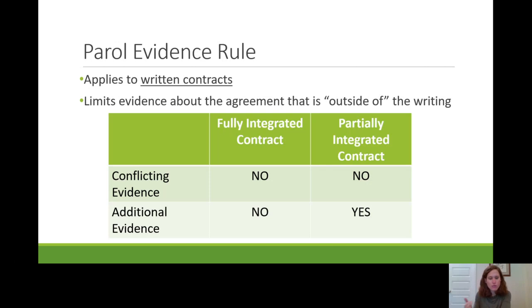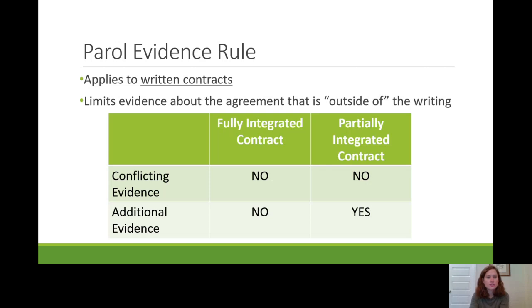So in that way it's somewhat related to the statute of frauds, but the parole evidence rule basically applies only when you have a written contract. And when we say that it's a rule of evidence, what this means is it's a restriction on what information you'll be allowed to introduce in court if there is a dispute over a contract. Basically, what are you allowed to tell the jury about what's in your agreement?